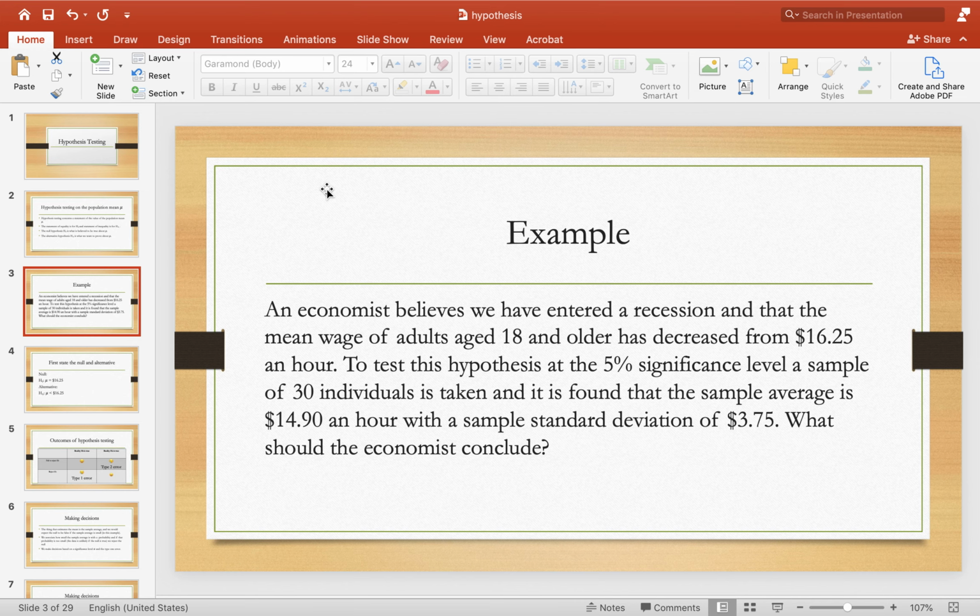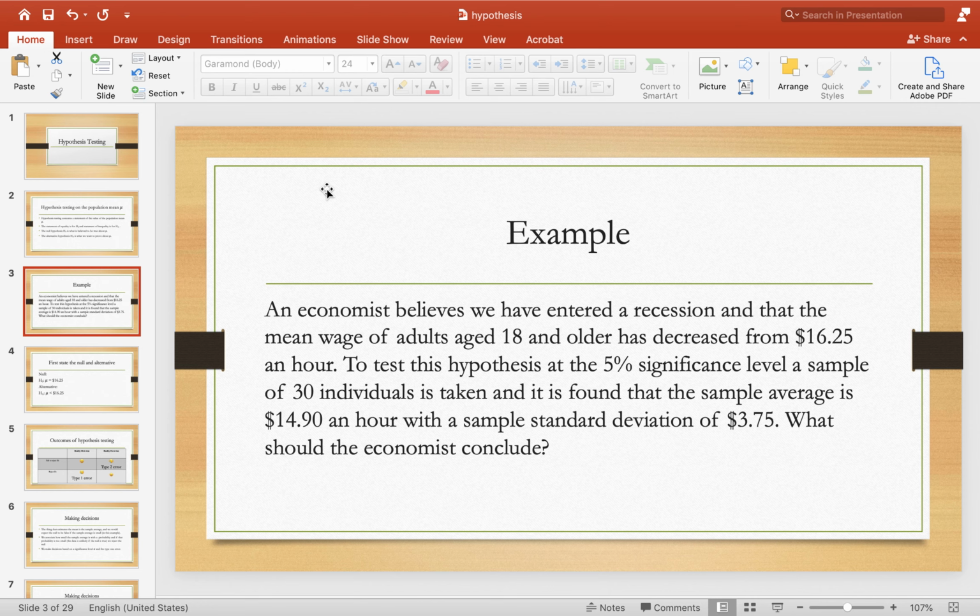Well, to determine that, we're going to calculate a probability concerning our sample. Is it distinctly far away enough from $16.25 that the odds of observing a sample average of $14.90 are so low that we should conclude the alternative is true, that the mean wage has decreased?